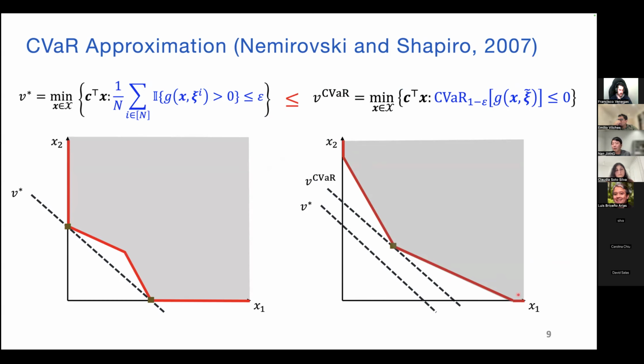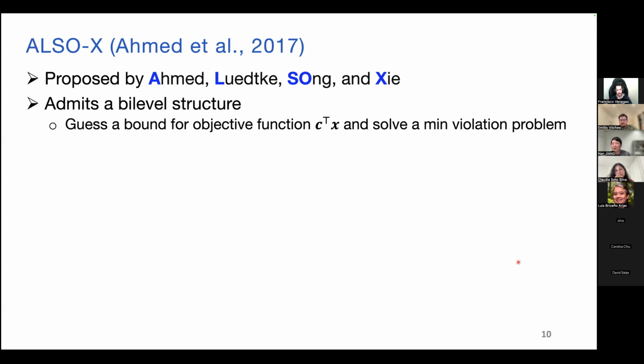But as you can tell here, this is suboptimal solutions because CVaR approximation can be conservative. So after this paper, there are many papers talking about how to improve the CVaR approximation. There are some different methods like the DC approximation. We are not going to talk about those things. We are going to look at another heuristic, which is right now called also X.